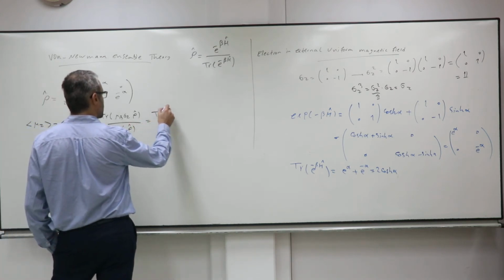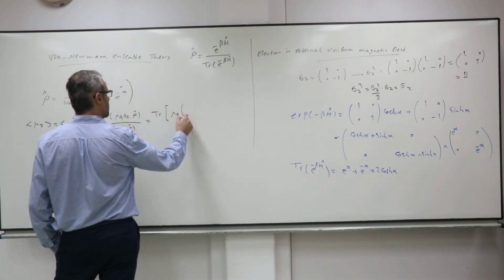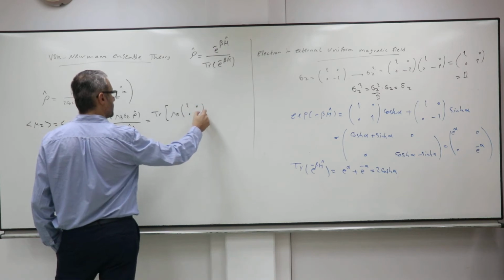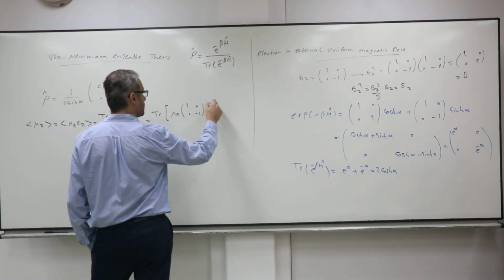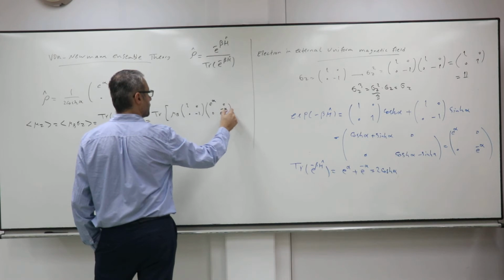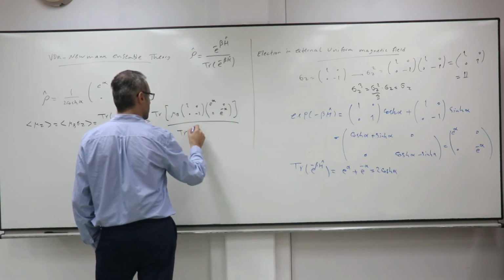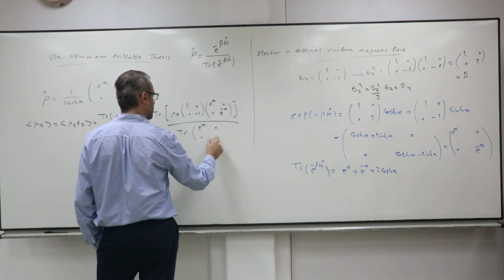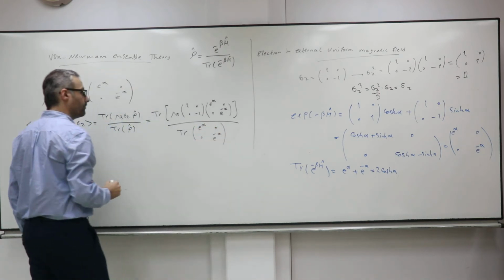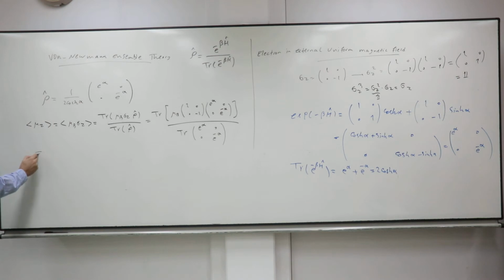So when we trace mu b, this matrix, multiply to this matrix, over trace of this matrix. And that's not difficult to calculate, you just need to multiply these two matrices.